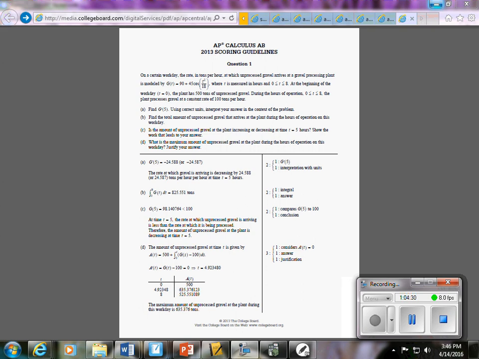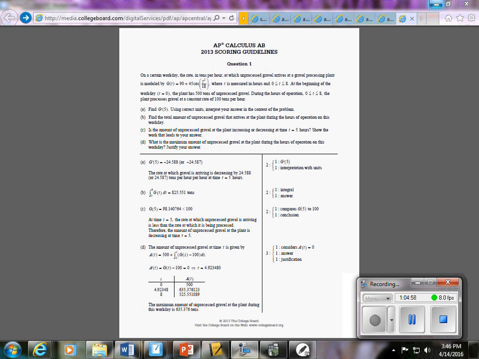This one, usually it's worth more points. This one was only worth 3 points. It's 1 point for finding out where rate in minus rate out is 0, that 4.923 number, 1 point for your final answer, and 1 point for the justification.